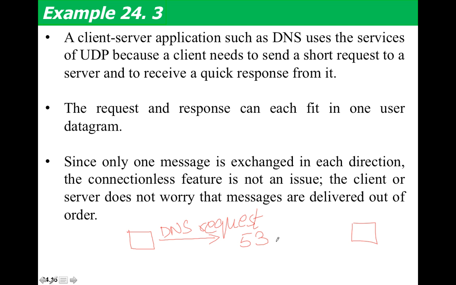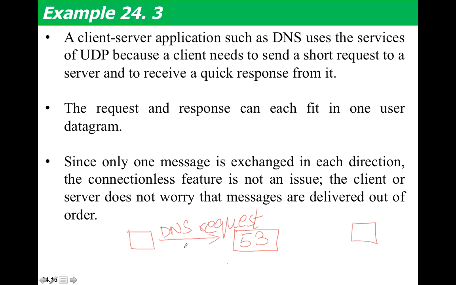If it is an FTP transfer, then the client will only send the FTP request to ports 20 and 21. So when a request comes for the first time, the server looks at the port number, knows exactly what the client wants, and can service the request.